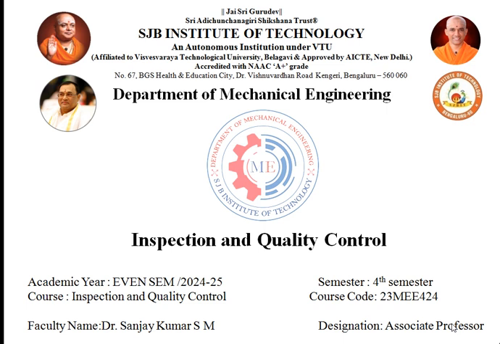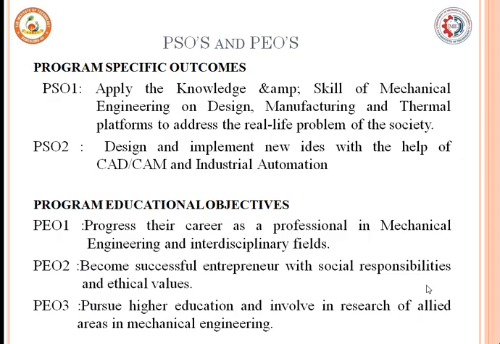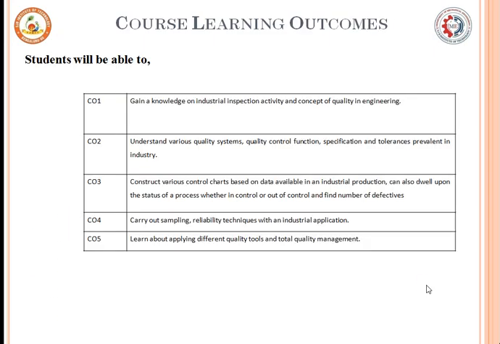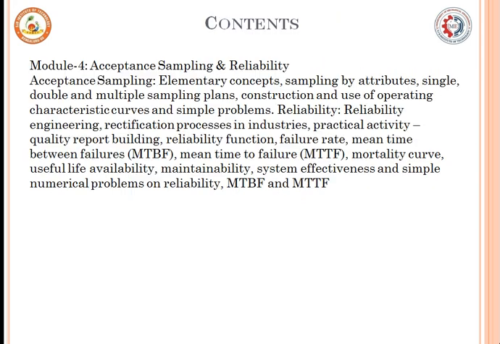So we'll be covering the fourth module contents of inspection and quality control, which is acceptance sampling and reliability.